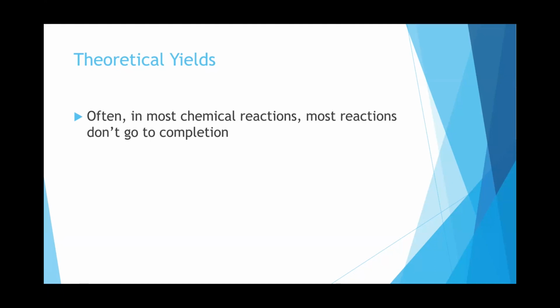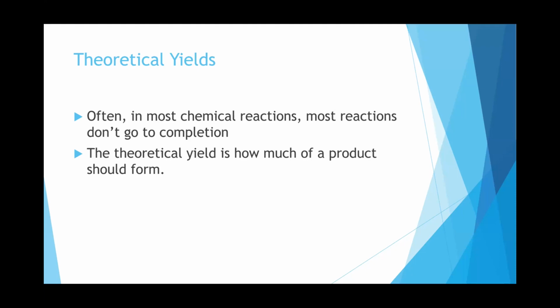This can be due to a variety of factors like impurities, so your starting materials or reactants aren't pure, or there's something in the air reacting with your reaction, or it just doesn't react all the way because it wasn't stirred properly. There are so many reasons why most reactions don't go to completion. And sometimes it's the reaction's fault itself. Like it's not a good reaction and it doesn't get 100% completion due to equilibrium or something.